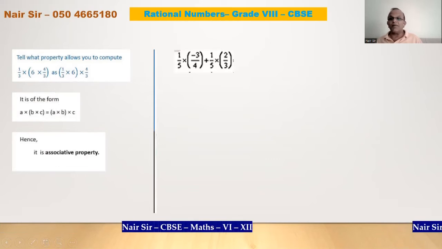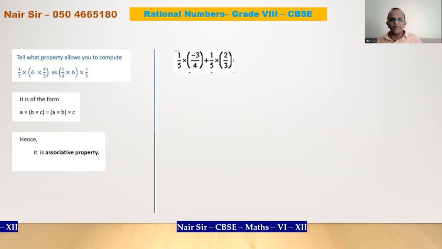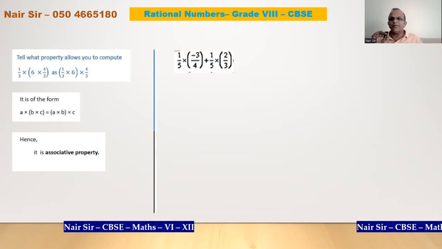I've got this number. Now look at this. Let me just write this. Again, I'm going to take a pause. And I'm just going to write A into B plus A into D. Sir, why have I written B and D?